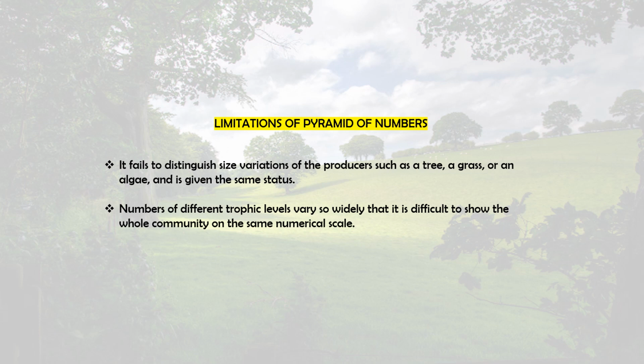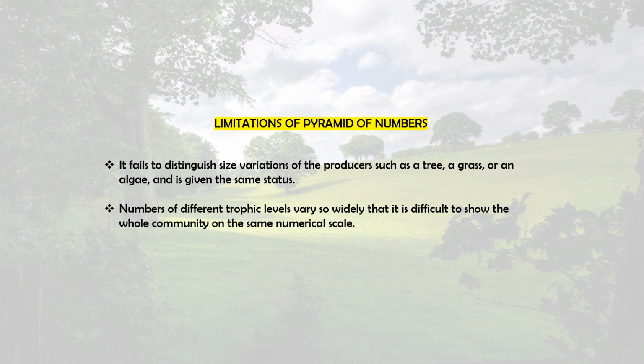As we know, an ecosystem as a whole is a big unit, and the food chain or food web and the pyramids only show a very little picture of the whole ecosystem, and it actually fails to distinguish the size variations of producers.